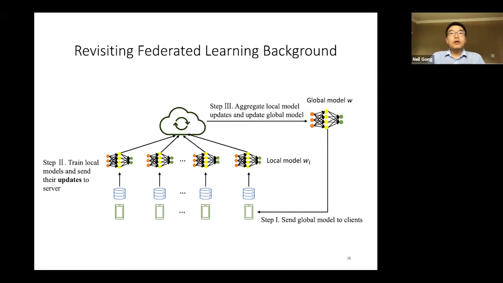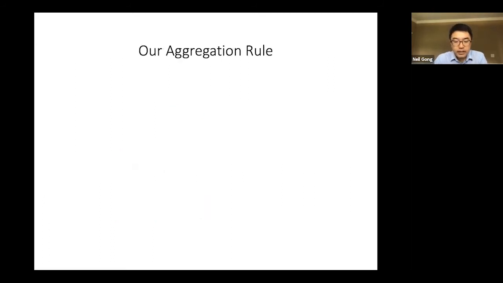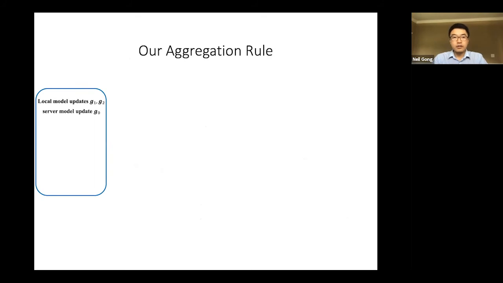So in our new federated learning method, we basically design a new aggregation rule in step 3. Our new aggregation rule considers both the client local model updates and the server model update to update the global model. Next, I will use an example to illustrate it. For simplicity, let's assume we only have 2 clients. These 2 clients have local model updates G1 and G2 in some iteration. The server model update is G0.